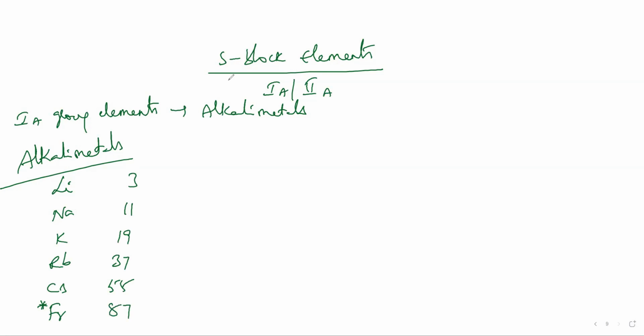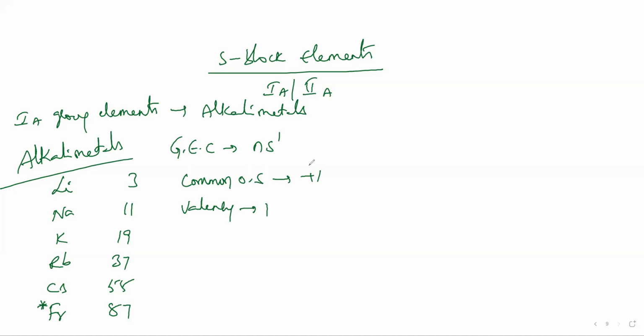So these are atomic numbers. Then the general electronic configuration is ns1. Common oxidation state is +1. How many valence electrons are there? Only one. So this is some general information about first A group elements.